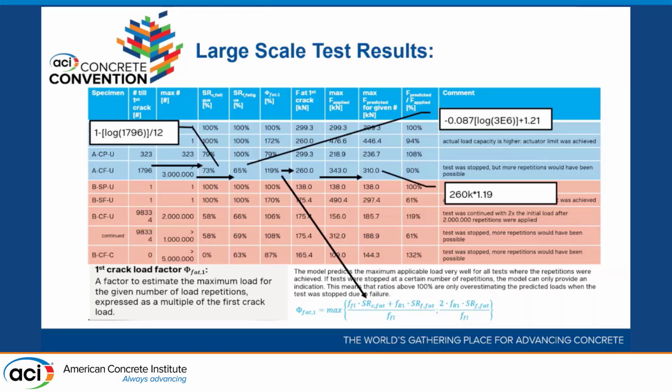Then you take the force at the first crack, multiply that times 1.19, and you get our predicted maximum capacity, maximum F predict for given numbers of cycles, of 310 kips, or kilonewtons, sorry, this is all European. But what we saw applied in the test was 343, so that's 90%.